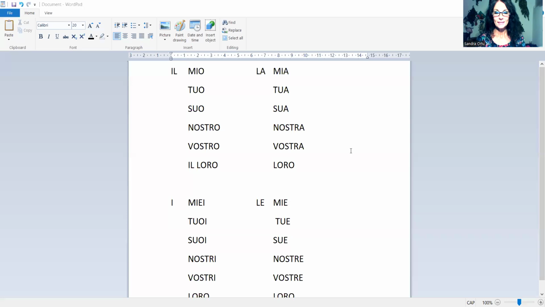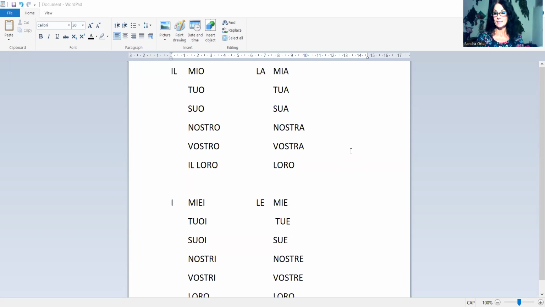So let's go immediately and look at our page where I have written all of them. As usual, we have plenty, because in Italian, like many things, not everything, but like many things, the possessives also agree with gender and number. Gender meaning masculine and feminine, number meaning singular and plural.